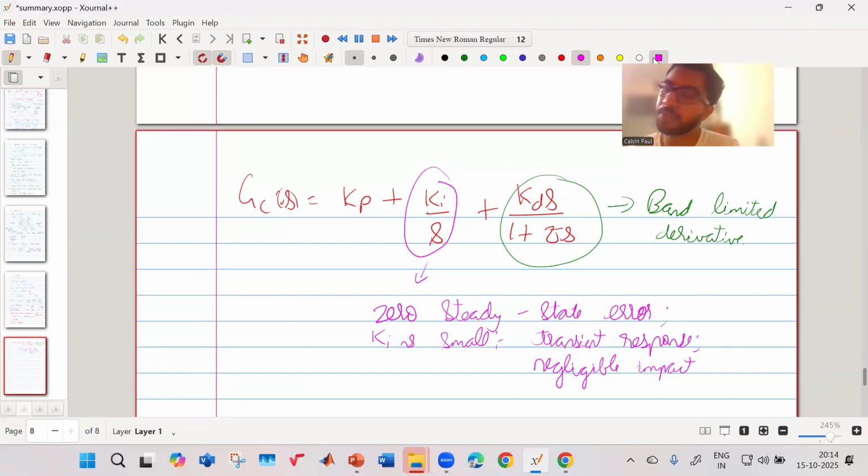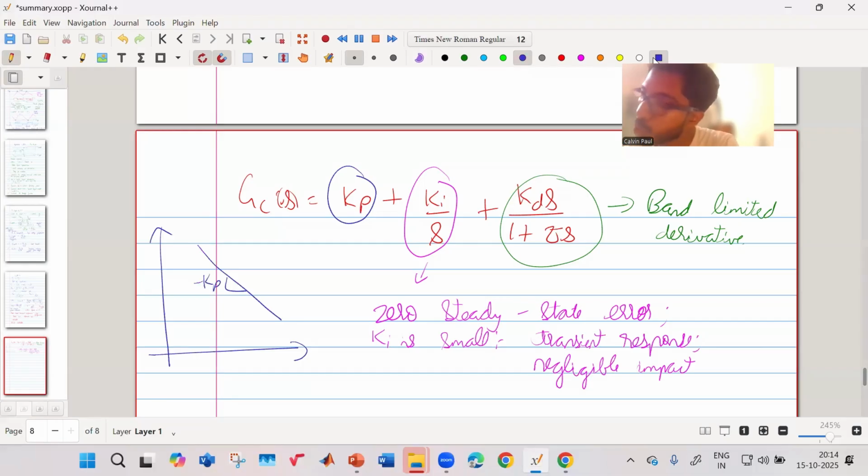Your KP is very important, because when you see your phase plane, KP is the one which is setting the slope of your switching surface.